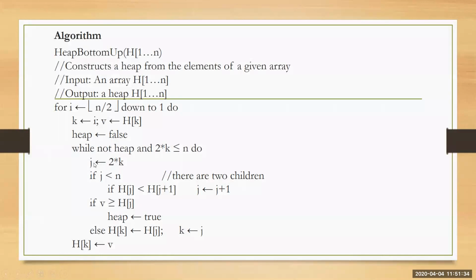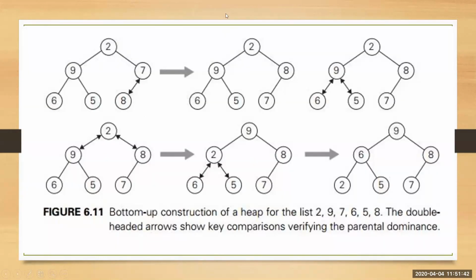And take one variable j, and make j equal to 2 into k. What is k? k is 3. Since k is 3, the value of j will be 6.